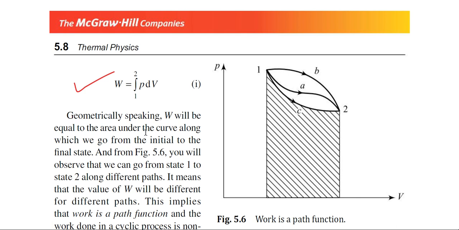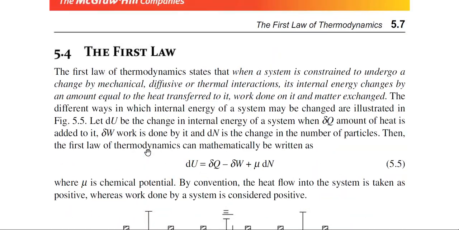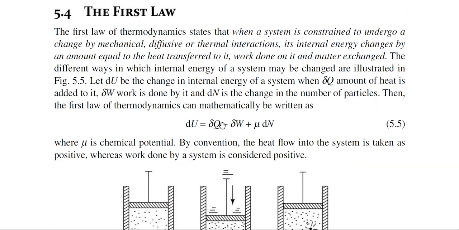At first I will introduce the necessary formulas, and simultaneously I will also focus on the particular problems related to that formula. So, let me start. This is the first law, that is dU = δQ − δW + μ dN.